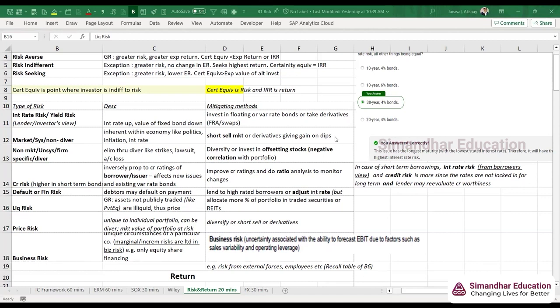Next is price risk. Price risk is similar to interest rate risk, that is, price fluctuations, etc. And business risk is similar to firm specific risk, related to an individual firm. If there is an issue, then what can we do? We can diversify, right?